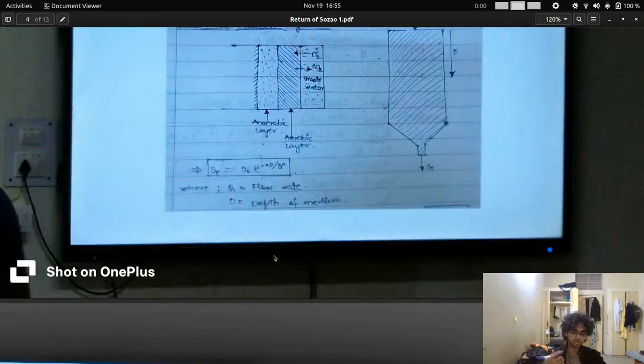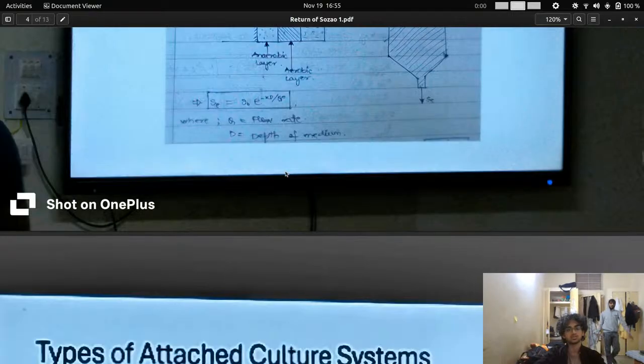Whatever, I should just remember that Se equals S naught e raised to power minus KD by Qn. Is this Q raised to power of n or what? Then we have to define what n is.